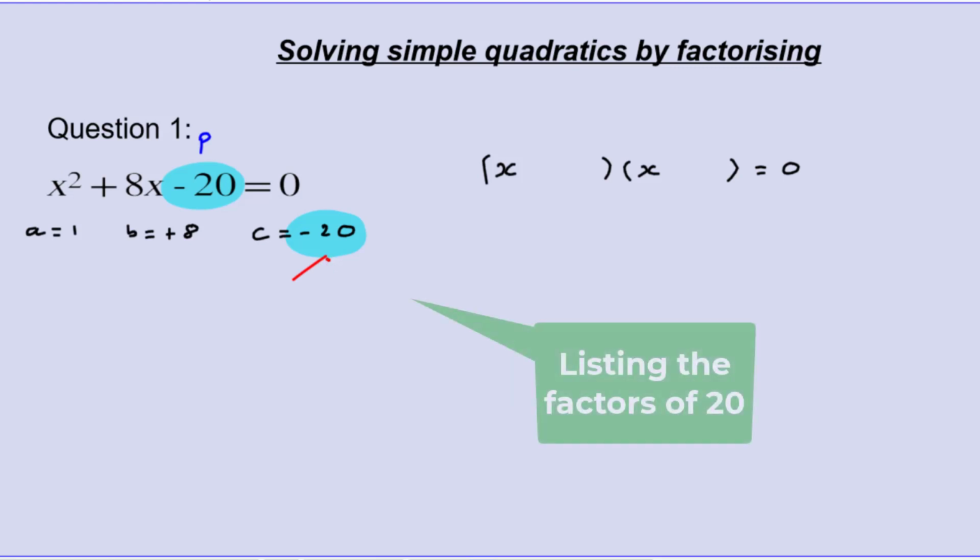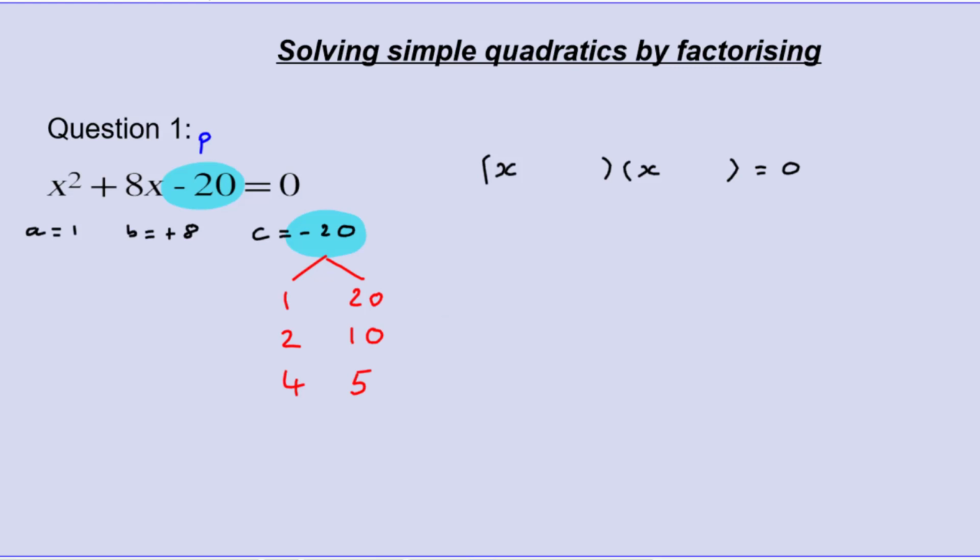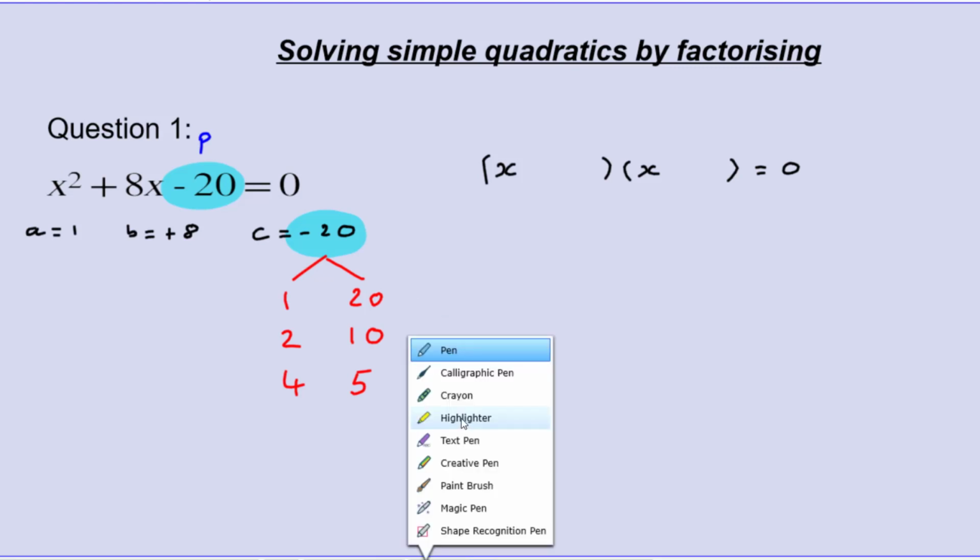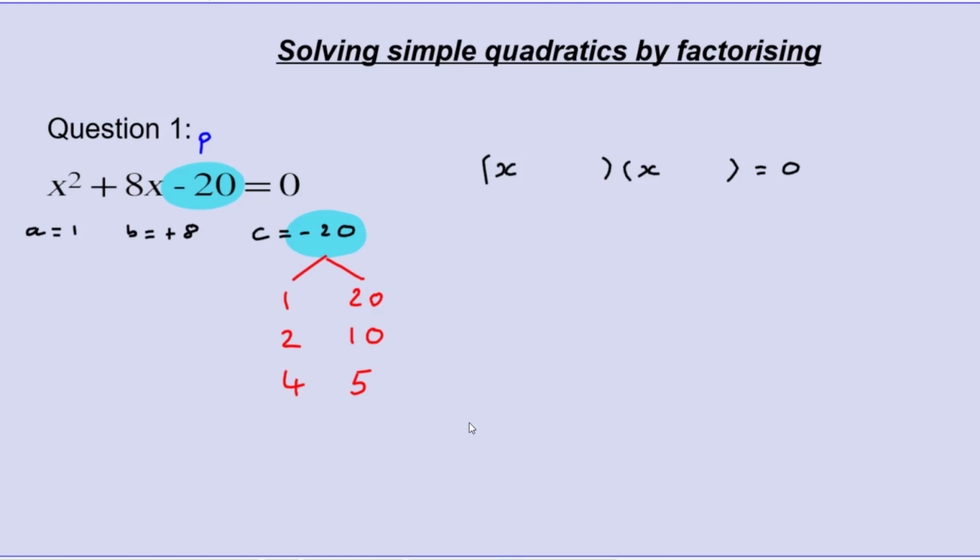So let's start with the factors of 20. The obvious one is 1 and 20, then times 1 by 2 is 2, divide 20 by 2 is 10, and times 2 by 2 is 4, divide 10 by 2 is 5, and that gives us all the factors of 20. Now the factors are obtained, we need to decide on the signs that these factors will take.